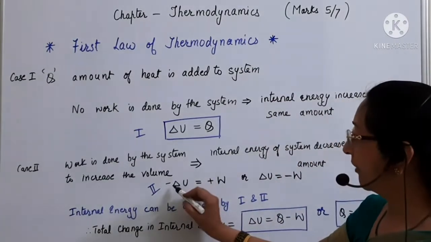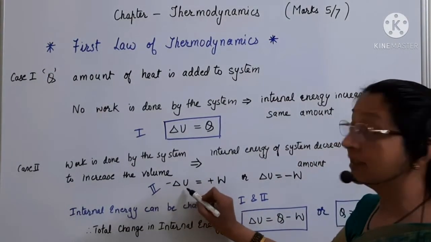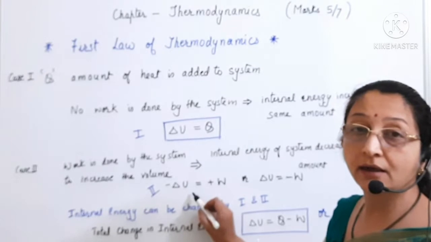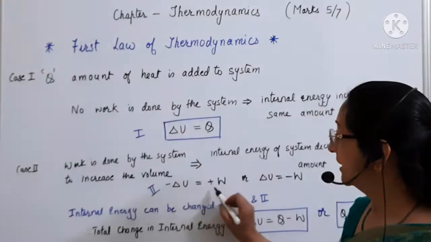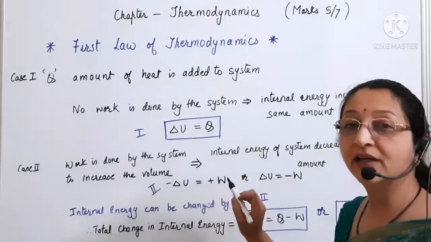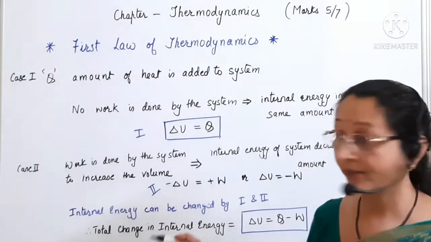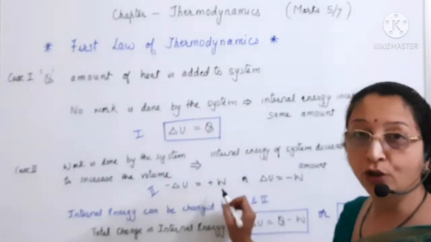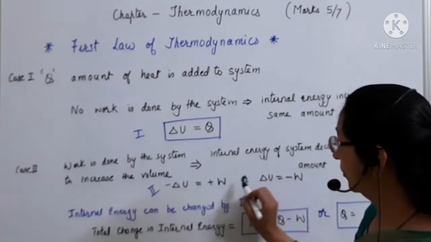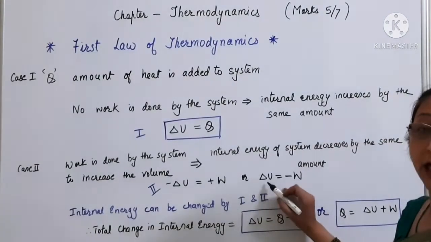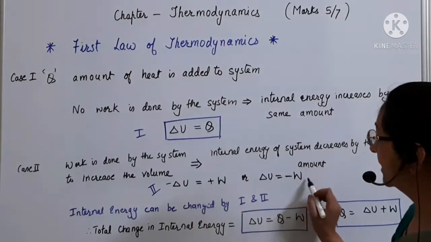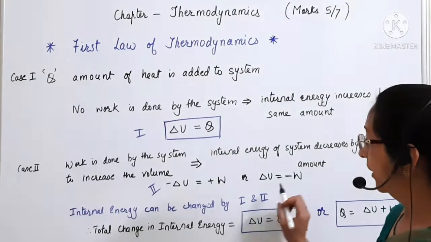So we can write minus delta U. This is the decrease in the internal energy of the system. This is equal to plus W, that is the work done by the system to increase the volume. So also we can write delta U, हा minus फक्त इकडे घेतला, is equal to minus W.